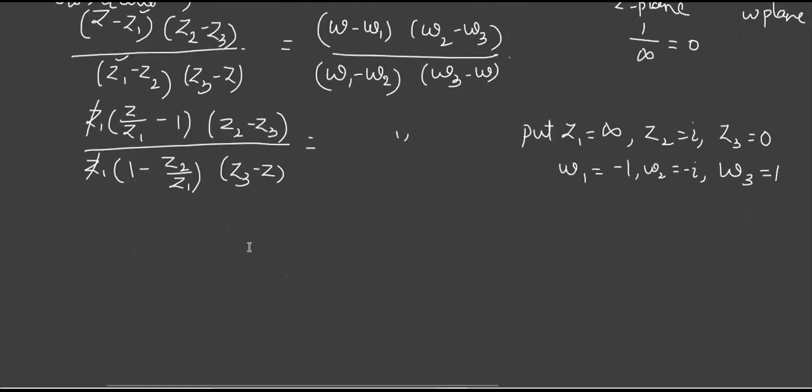Let us substitute these values over here. So if Z1 is infinity, any number divided by that infinity, what is the value of this? 0. Yes. 0 minus 1. Then what is Z2? Is I. What is Z3?